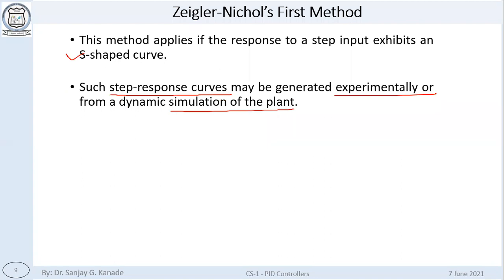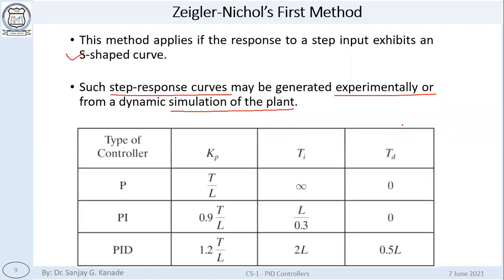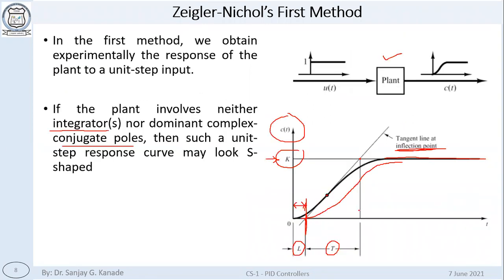Both ways are possible. Once you obtain the values of L and T, these are the only two values you obtain from the curve. See here, I'm showing you again L and T.